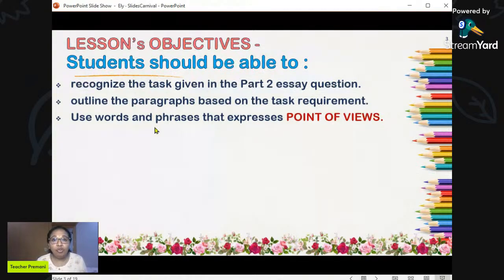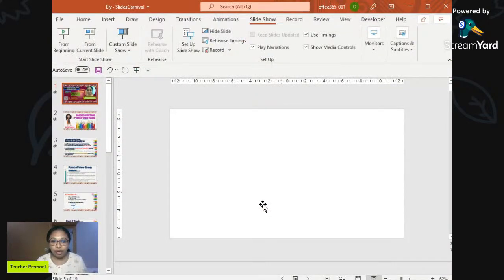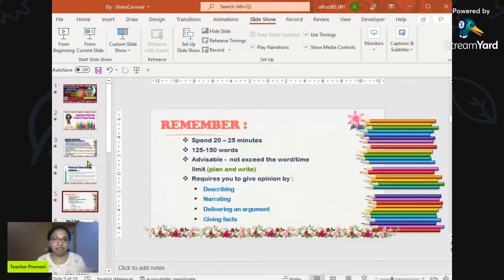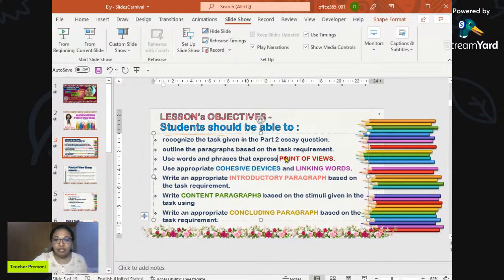Today you also have to focus on the use of words and phrases that express point of view. There is a certain way to express your point of view. It's not merely writing it, but you have to use certain words or expressions in order to show your point of view.